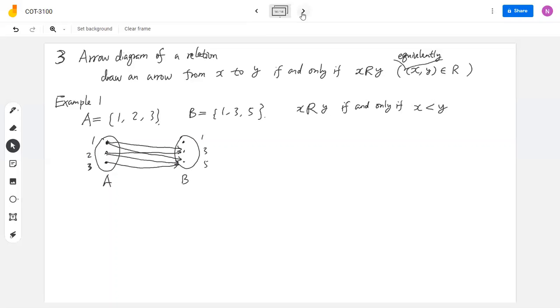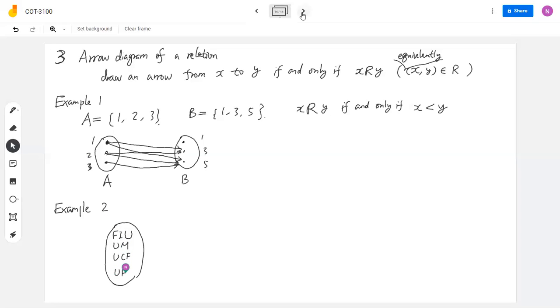Okay, let's see another example of how to draw an arrow diagram. In this example, we have the university location example. Suppose my set A is FIU, UM, UCF, and UF.